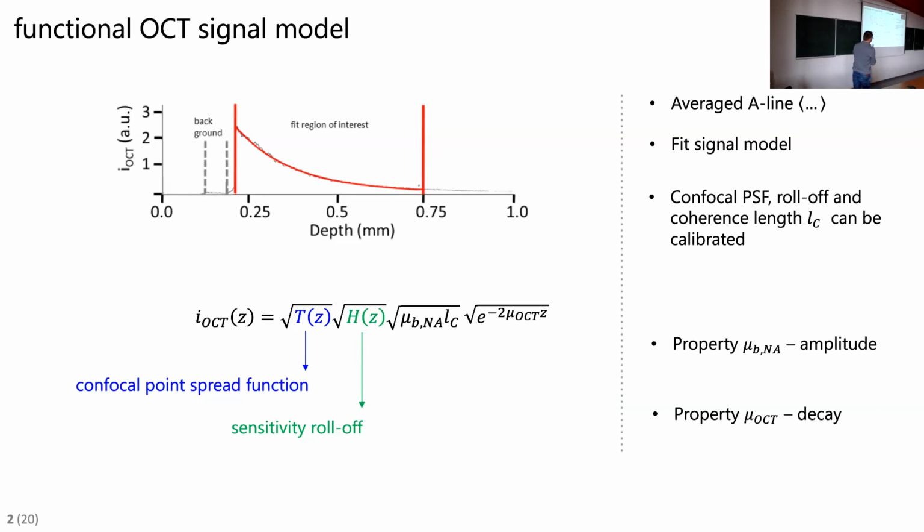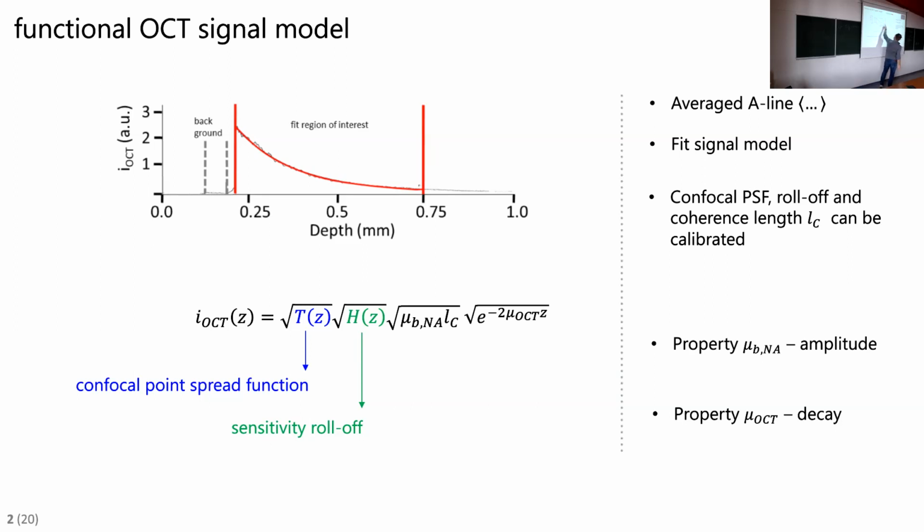Then there are two optical properties left here. The symbols b and a: b is the backscattering coefficient, so the amount of light that scatters back within the numerical aperture of the detection system. This whole set of terms reflects the strength of the light.